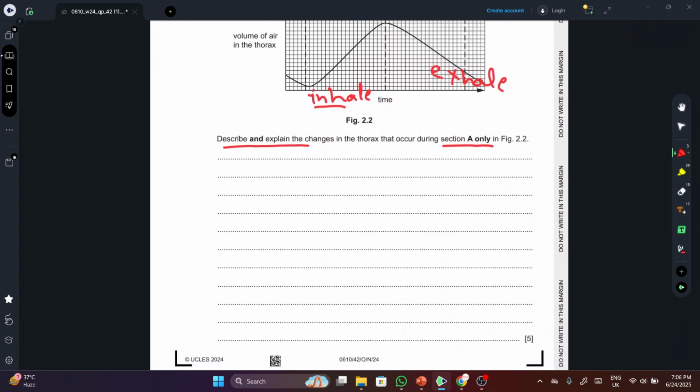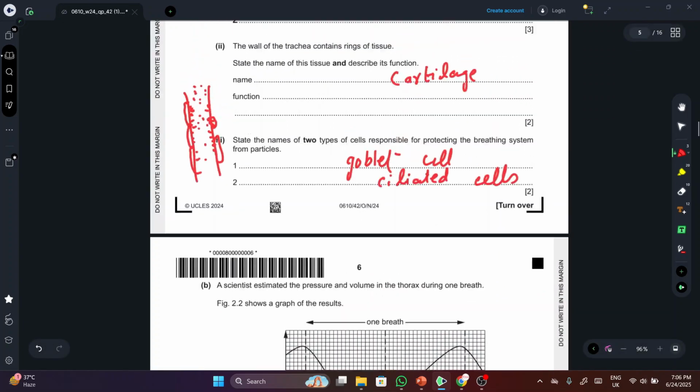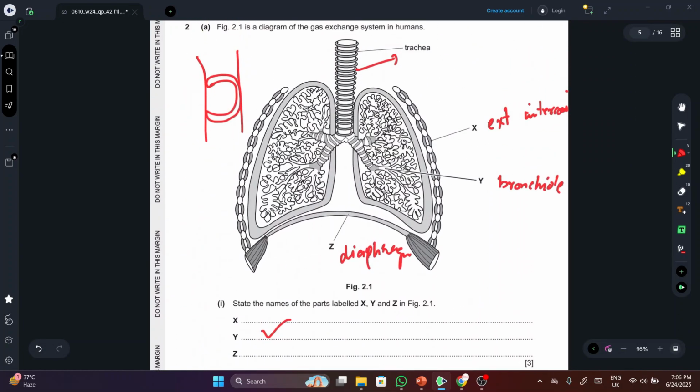During this process of inhalation, looking at the whole breathing system, we have intercostal muscles and the diaphragm. What happens to these during inhalation? This one is your external intercostal muscles. The external intercostal muscles contract, and the diaphragm also contracts.